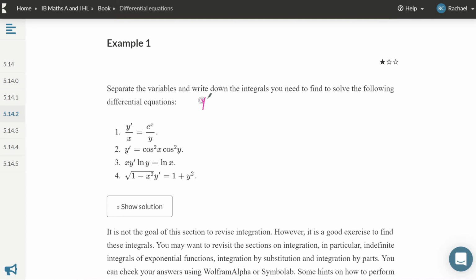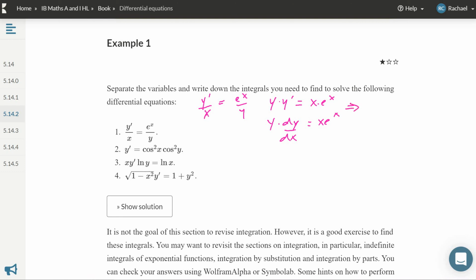So here you have y prime over x equals e to the x over y. You would cross multiply. You can get y times y prime equals x times e to the x, right? And so now this is the same as y times dy dx equals x e to the x.